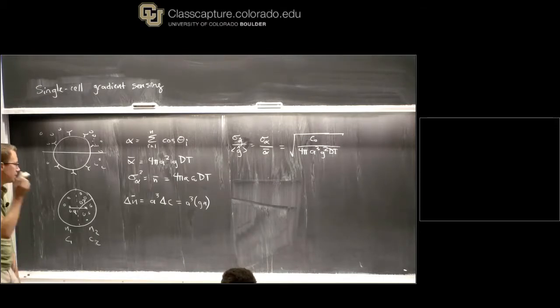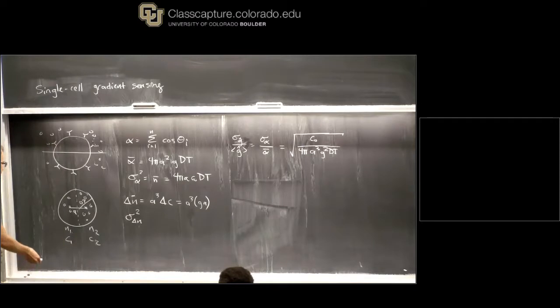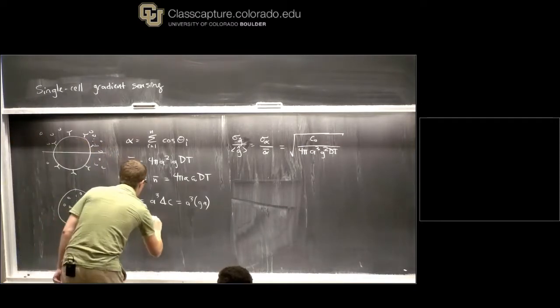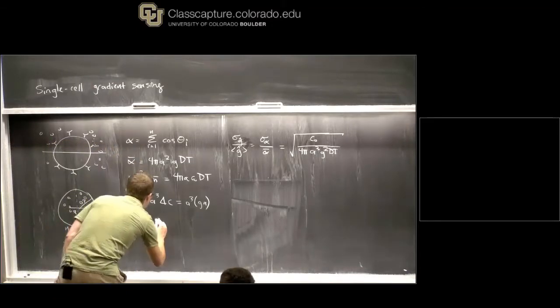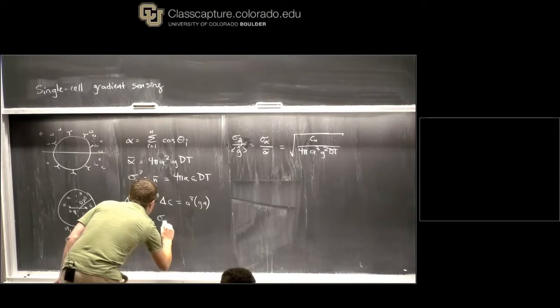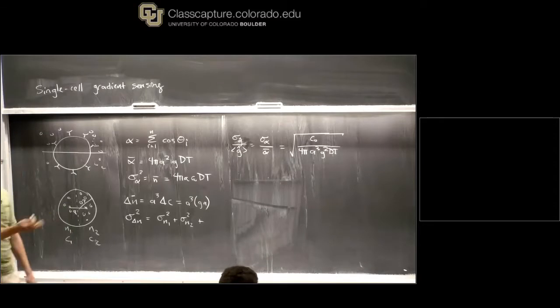The standard deviation, or the variance, of delta n. Well, delta n is just n2 minus n1, right? So the variance of a sum or a difference of things is the sum of the variances of those things. So this would be sigma squared n1 plus sigma squared n2 plus any sort of cross correlation between them, right?